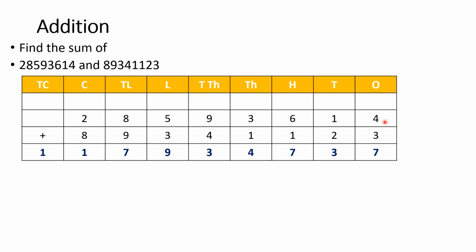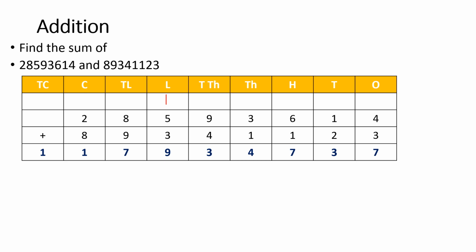Now we will add: 4 plus 3 equals 7. 1 plus 2 equals 3, 6 plus 1 equals 7, 3 plus 1 equals 4, 9 plus 4 equals 13. So we will write 3 here and 1 as carry. Now 5 plus 1 is 6, 6 plus 3 is 9.